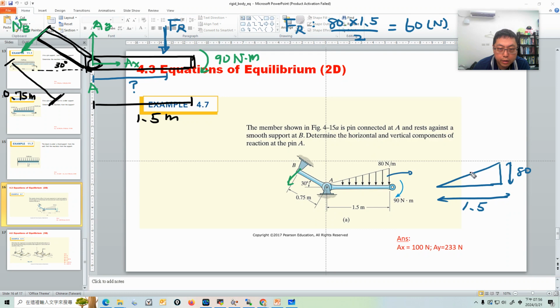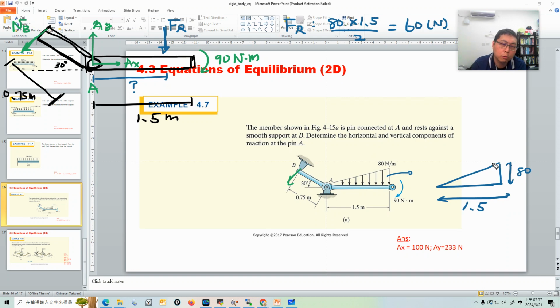The other question is where the distributed load acts. This is a right triangle, and the position of the resultant force is right at the centroid of this area. You should identify the centroid of a right triangle in a very short time. Treat this as common sense in mechanics, because it is used very often.